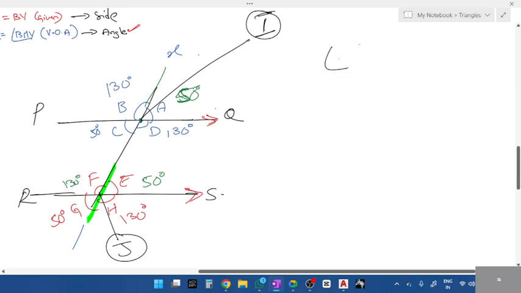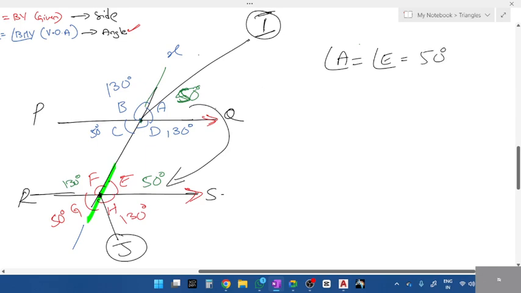Angle A is equal to which one? Look at the values. In the second line, on the same place, what's the other angle we have? Angle E, the values are also equal, 50 degrees.